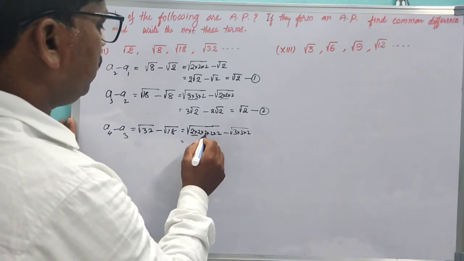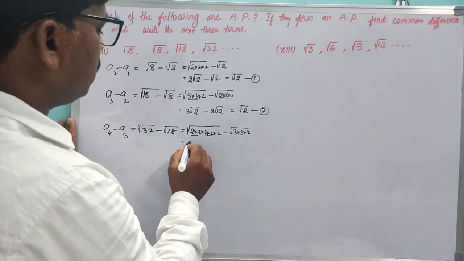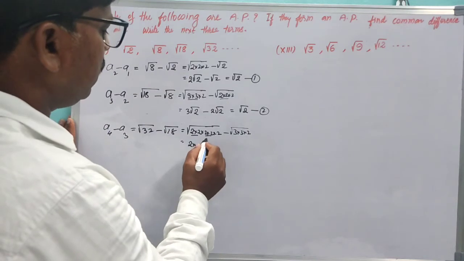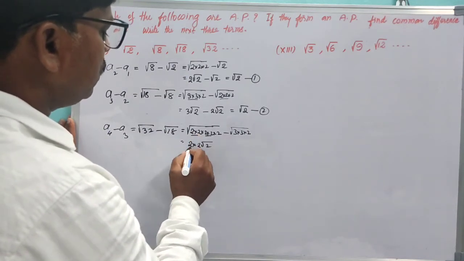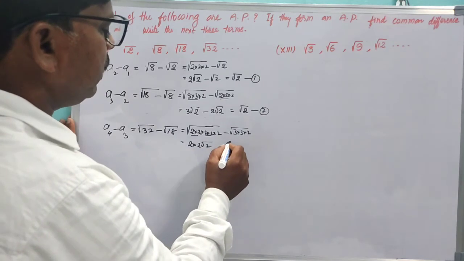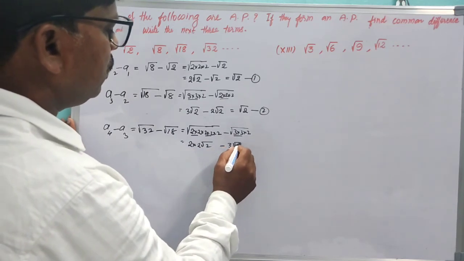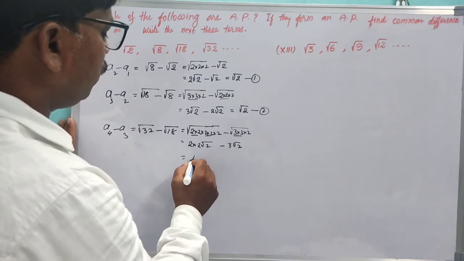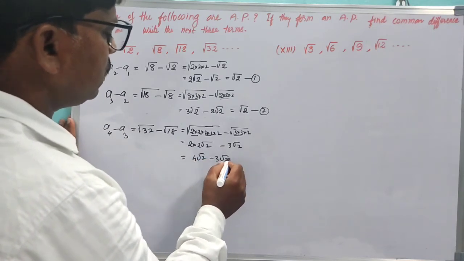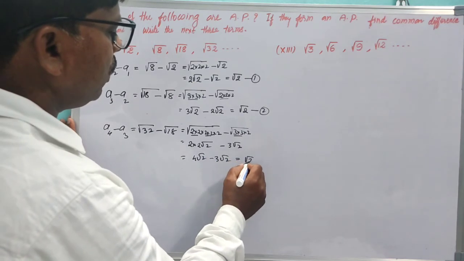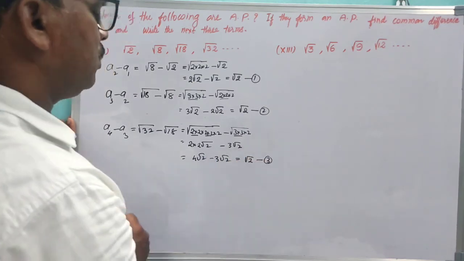Now this is a pair, this is a pair, so we can write out 2, and under root 2. So this can be written as 2 into 2 root 2 minus, this is a pair, so 3 root 2, which is equal to 4 root 2 minus 3 root 2. So 4 root 2 minus 3 root 2 is equal to 1 root 2. So let it be equation 3.